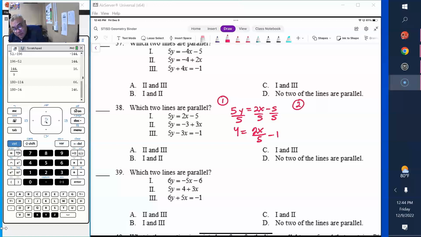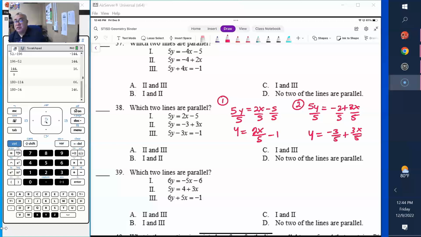Number 2, we have 5y equals negative 3 plus 3x. Divide by 5. So what's the equation? Y equals negative 3/5 plus 3x over 5.